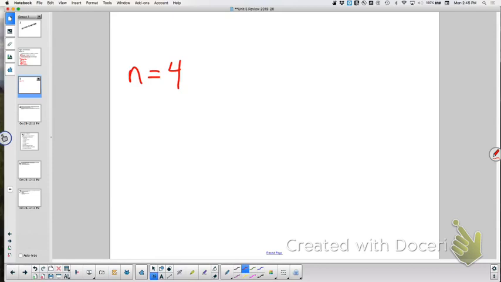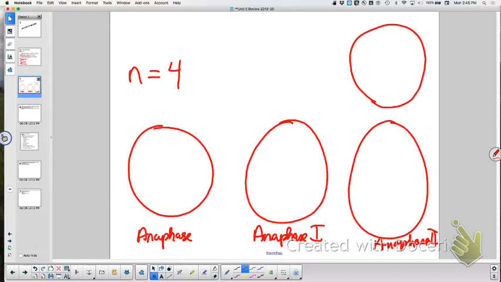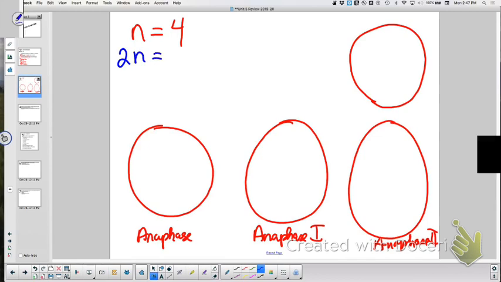I'm going to pause just for a minute because they're thinking. The way I would approach that is I say, okay, n equals 4, so I know 2n equals 8. So this cell has 8 chromosomes in it.